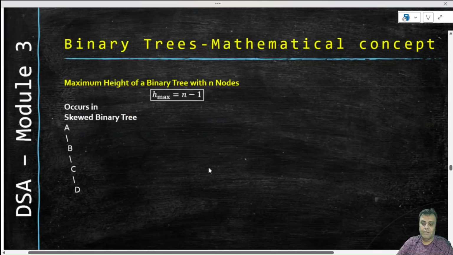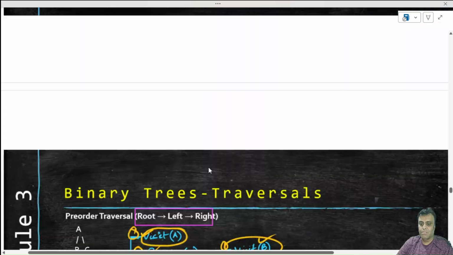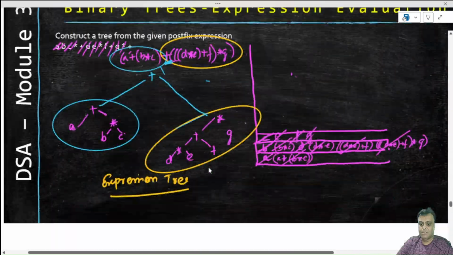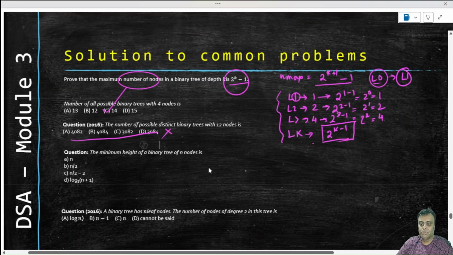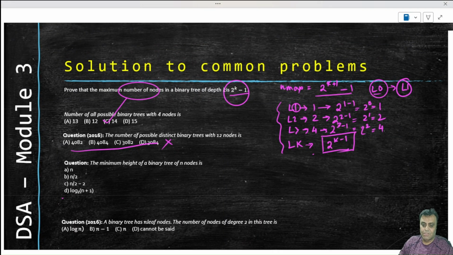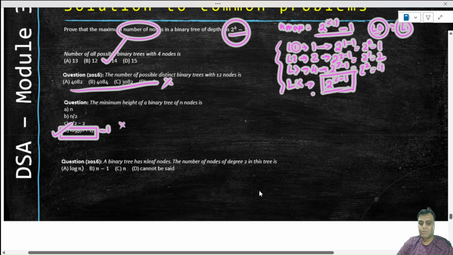That's the minimum height that we had calculated. And what are the options? Let's check. Sometimes the options may not be correct. So this option is log base 2 of n plus 1, but it is missing the minus 1, right? So if I were in this examination, of course this is the nearest, I would have actually given an answer to this, but this is a wrong answer. As you can see from the expressions that we had evaluated earlier, it has to be log base 2 of n plus 1 minus 1, right?